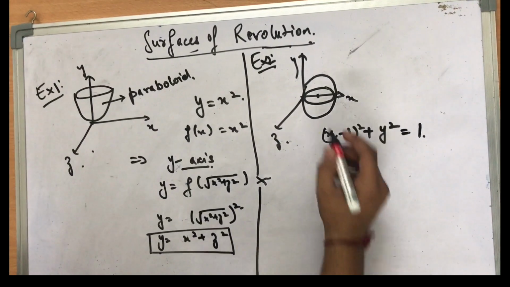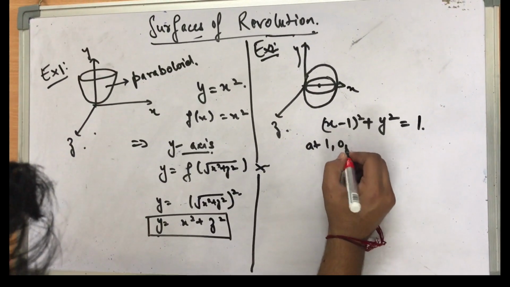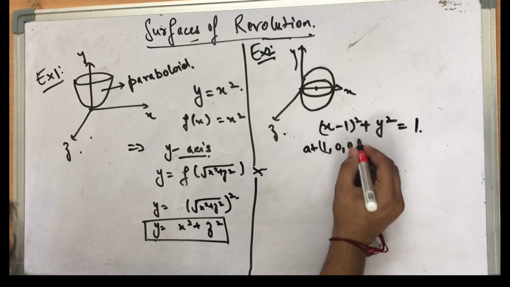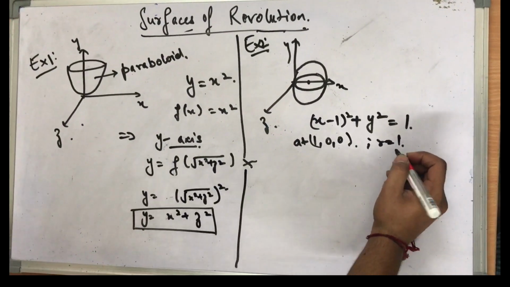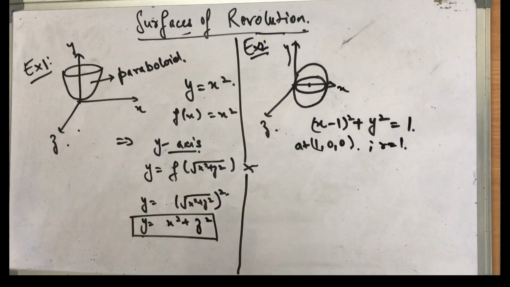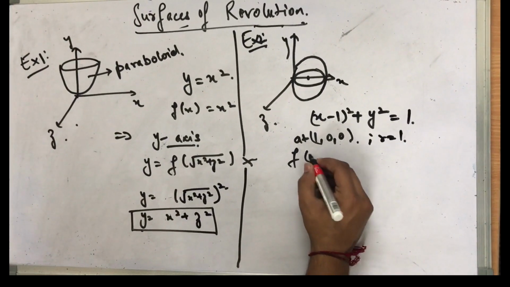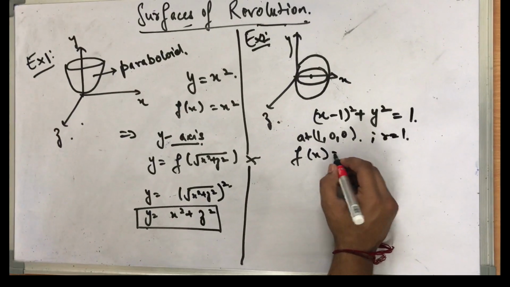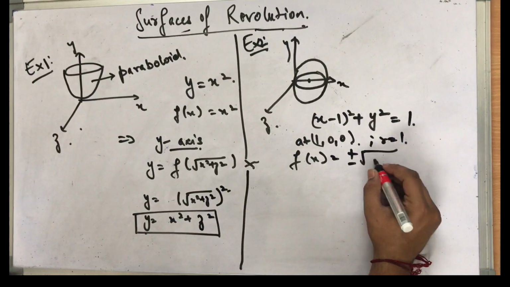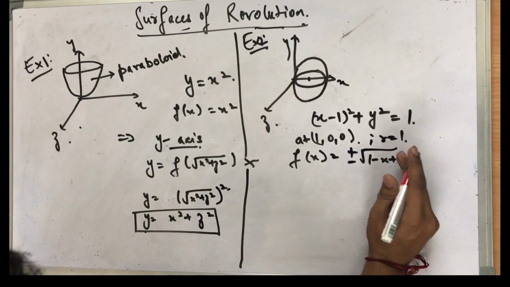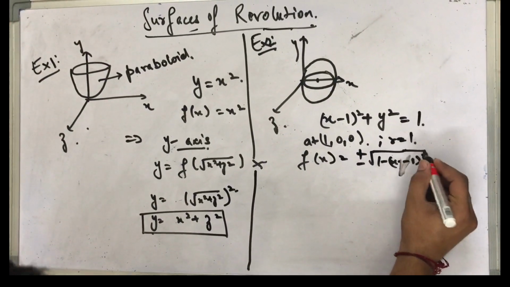So basically this circle has the center at 1, 0, 0 and a radius equal to 1. As this circle is rotated about the x-axis, here we know that f of x is plus minus root of 1 minus x minus 1 the whole square.